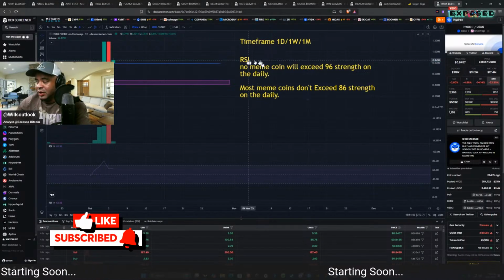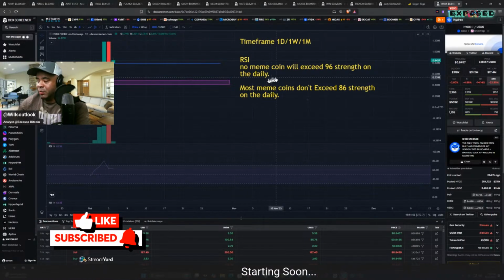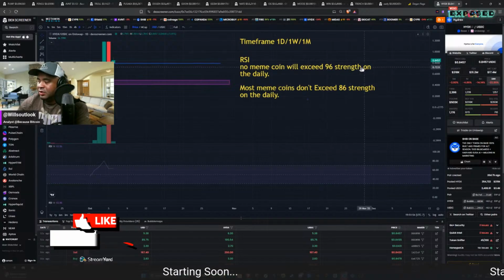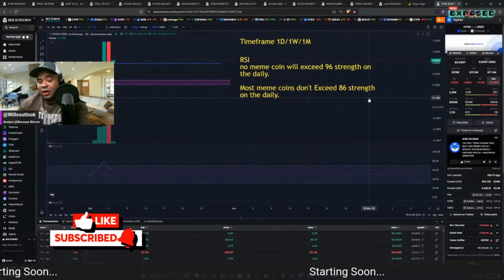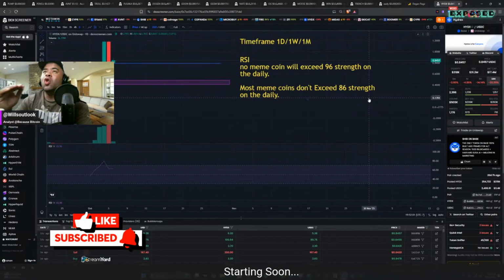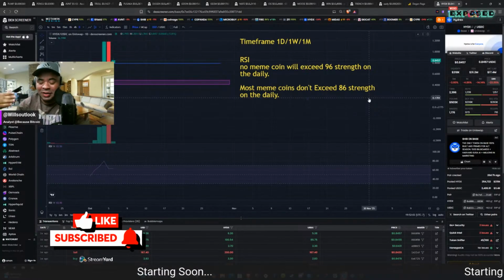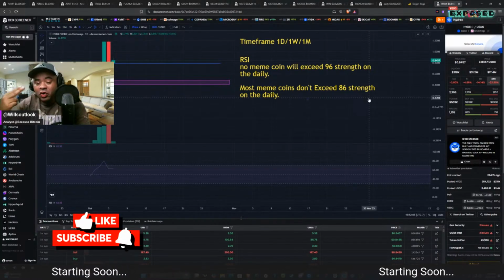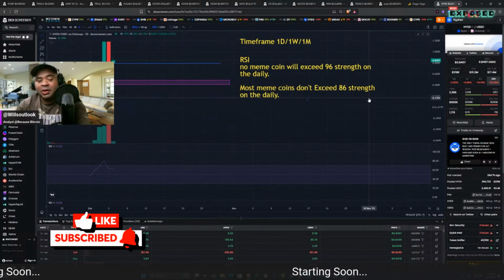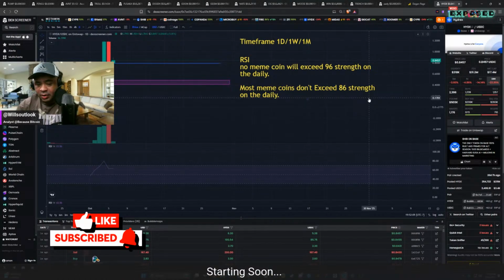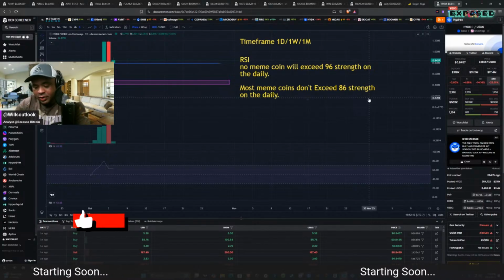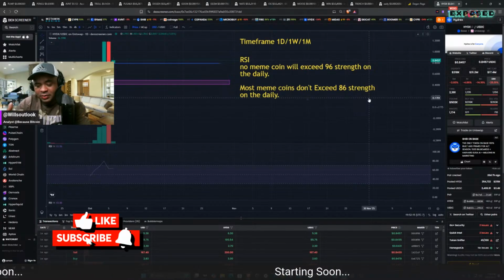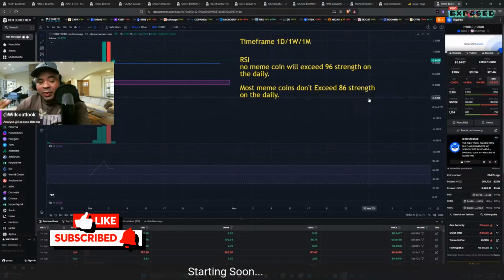All right, so we've set 2 rules with RSI. No meme coin will exceed 96 strength on a daily. Most meme coins don't exceed 86 strength on a daily. And I could tell you so much more that I've learned about meme coins, through time and through studying different types of them and paying attention to them. And I'm not telling you to trade meme coins. I'm trying to tell you how to backtest, by the way. The purpose of this discussion is to discuss backtesting.